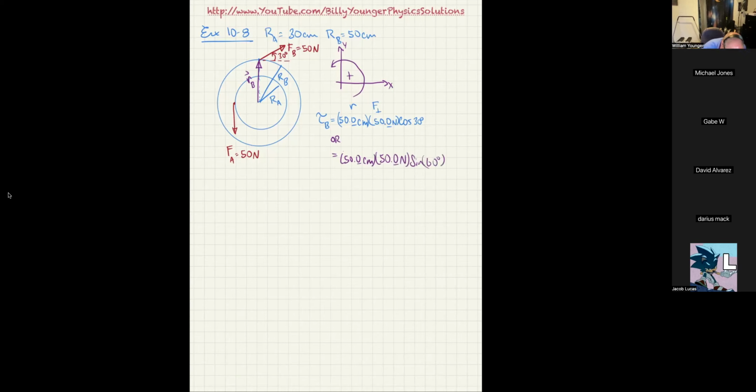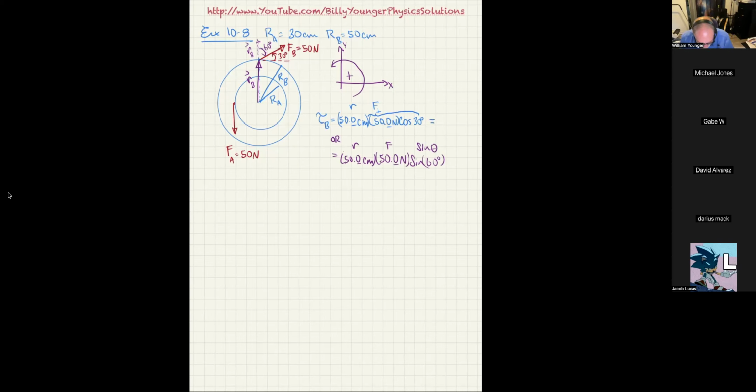Because when you put the RB so that it's tail to tail, you'd see that this angle is 60 degrees. So in this case, I'm using R times F times the sine of theta. But in the other case, I'm using F perp is 50 times the cosine of 30. Now, either way, I get the right answer.